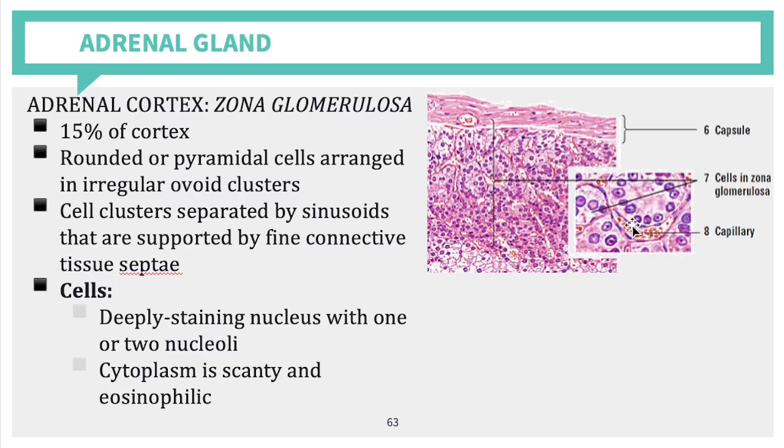These are your sinusoids. And again, you have irregular ovoid clusters, which give you a clue that it's zona glomerulosa. Now the cells have a deeply stained nucleus, with 1 or 2 nuclei. The cytoplasm of each of these cells is very scant and highly eosinophilic.